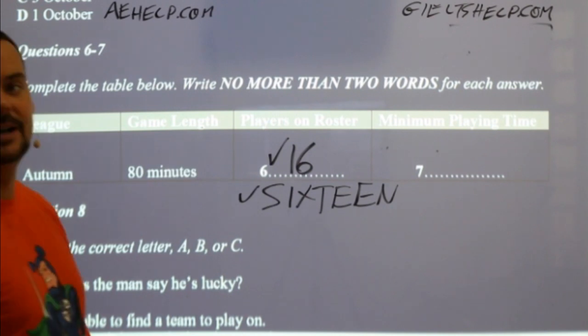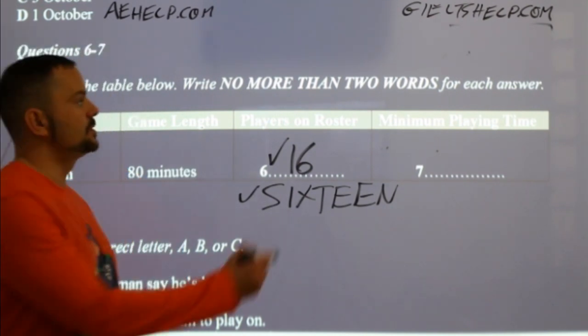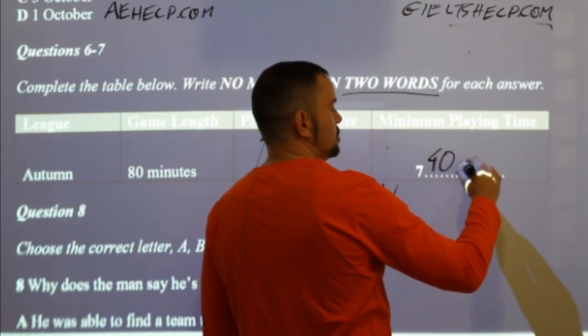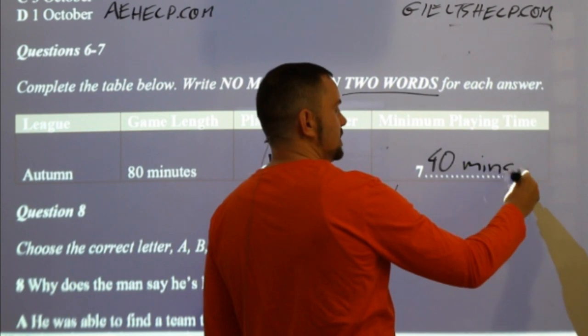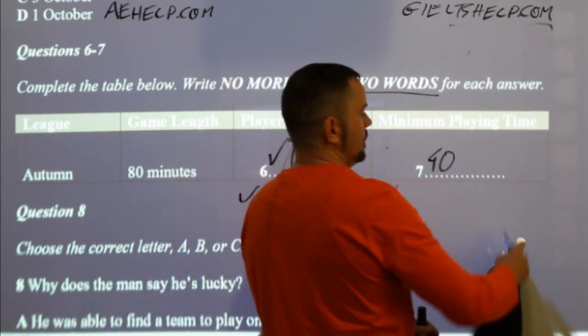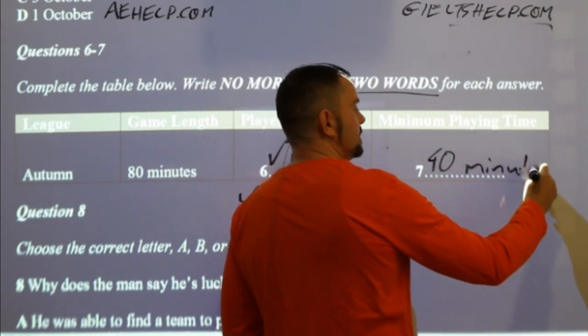Minimum play time is, okay, for Dobbs, be very, very careful. It's 2 words. You need the word minutes. So 40 mins like that, or write it out, 40 minutes.